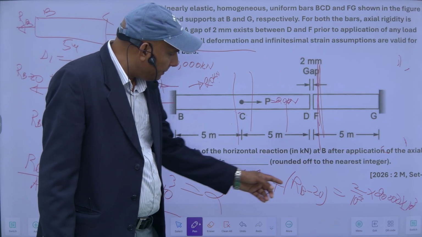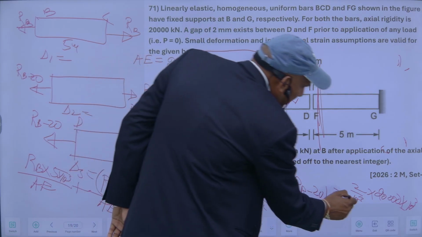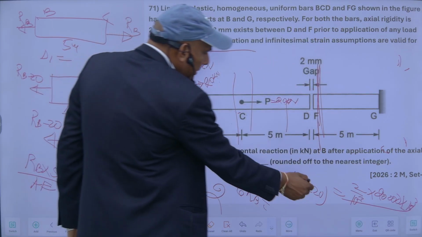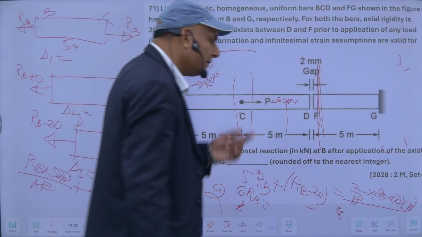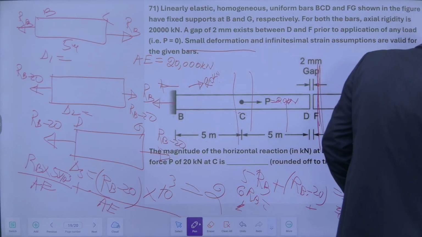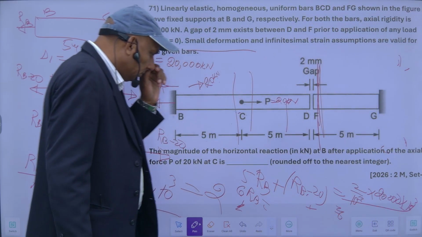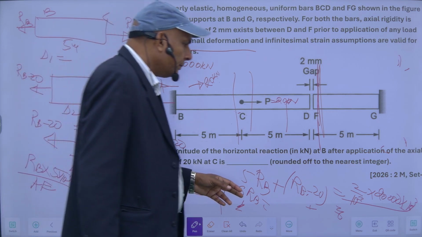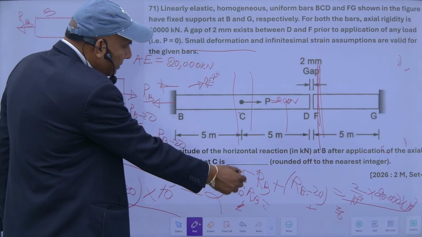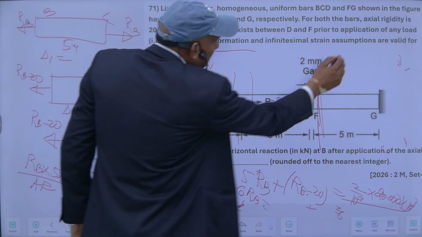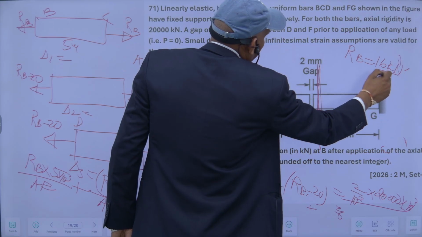This will be 5 RB plus 1 RB, 6 RB is equal to this much minus, this will be plus 20. And from here you can find the value of RB. So it's a simple, RB will be equal to 16 kilonewton. So 16 kilonewton is the value of the RB.